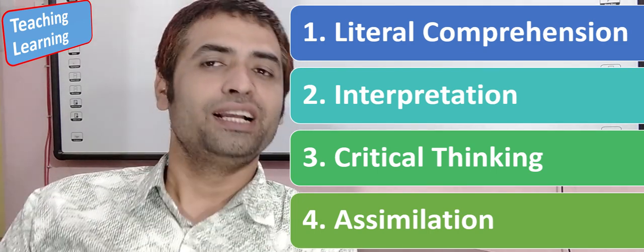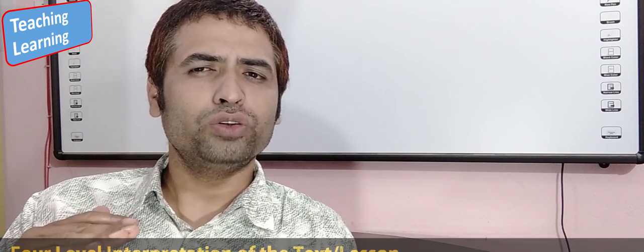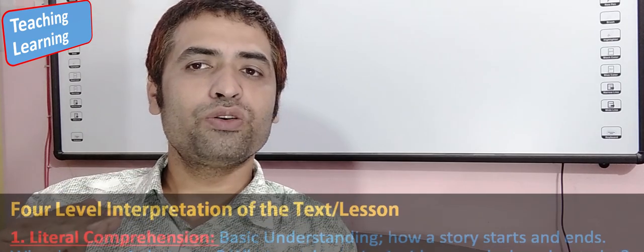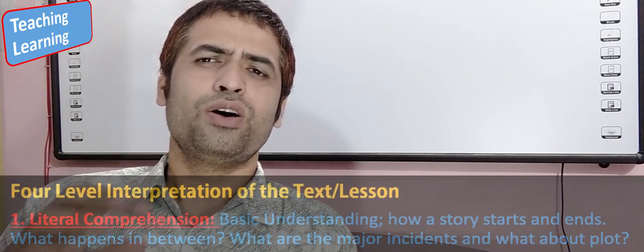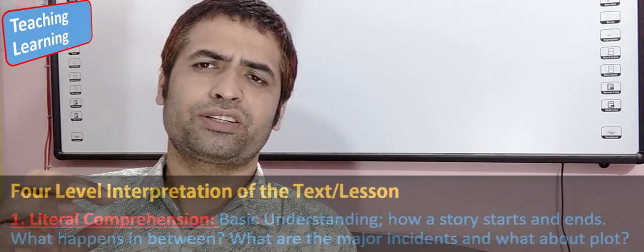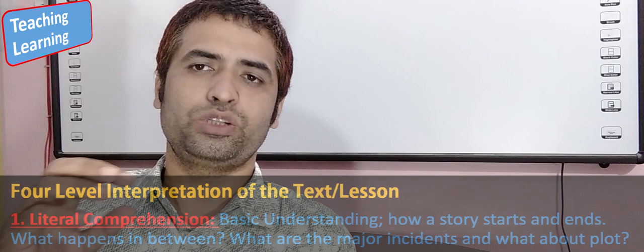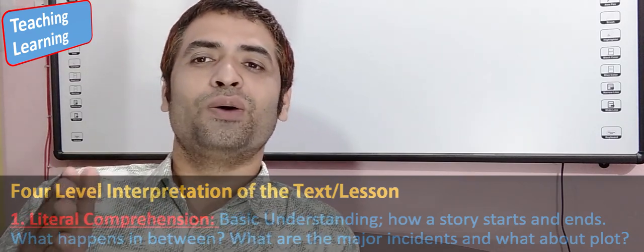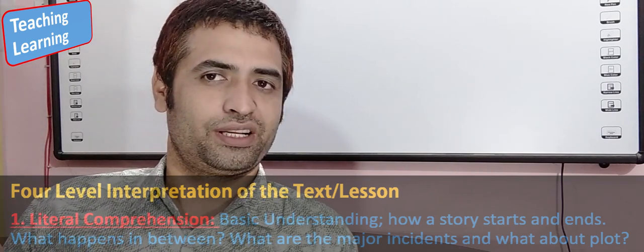What does it mean? Literal comprehension means we simply learn and understand how the text starts, how the story starts, who the characters are, what the surrounding or situation is in the very beginning, and then what happens in between before it ends.